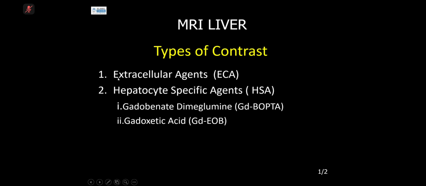But the key concept is that two types of contrast can be used in liver imaging. One is classical gadolinium. Whatever your department is using, we call it extracellular agent, ECA. Then there is another one which is known as hepatocyte specific agent, so we'll use the word HSA.